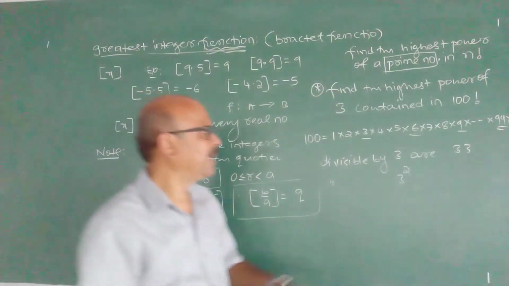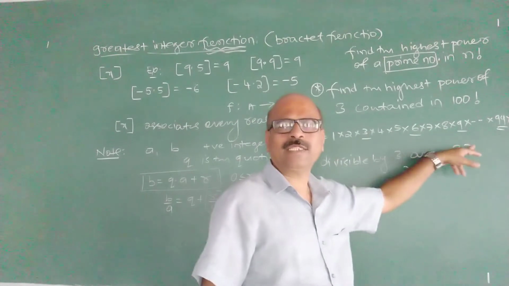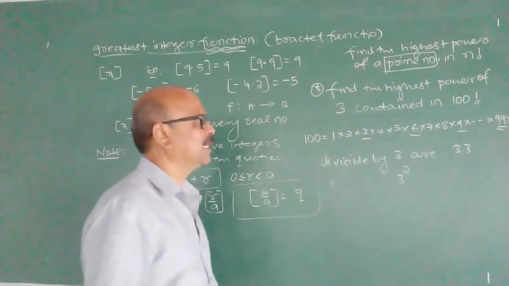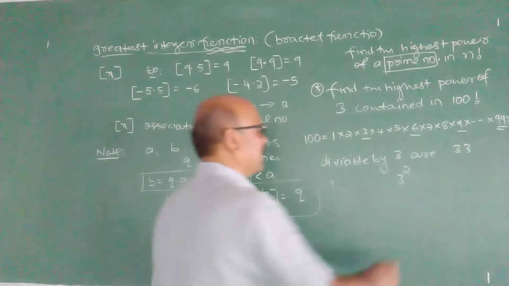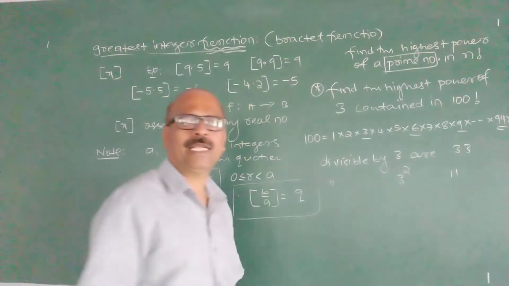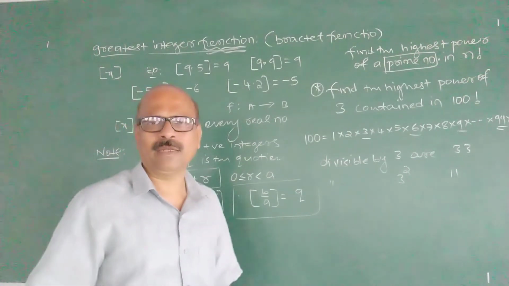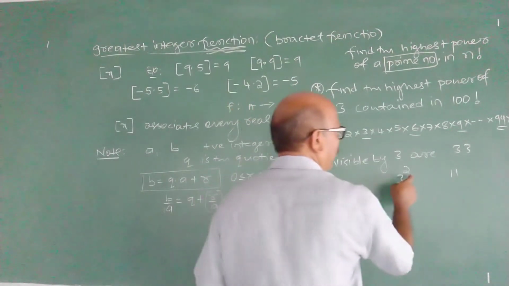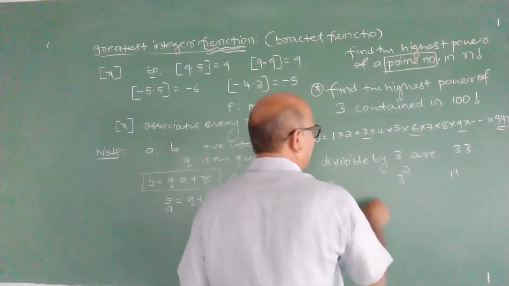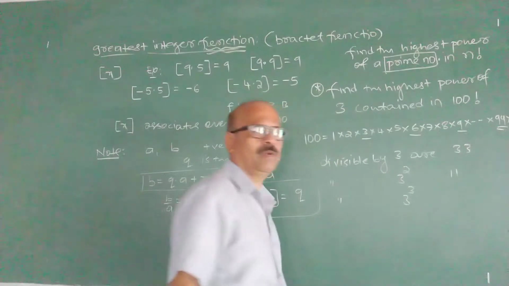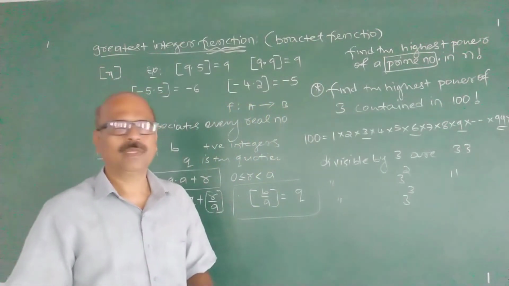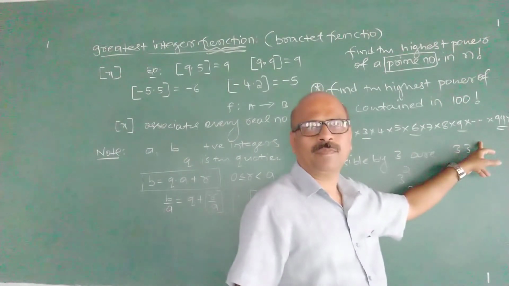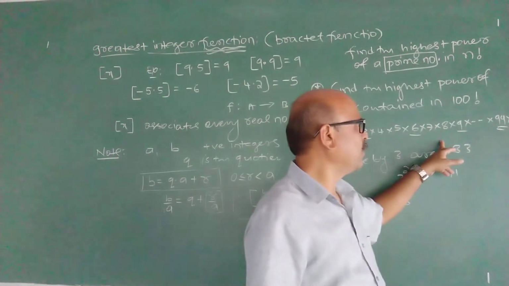Then, out of these factors, those divisible by 3 square, what are they? 9, 18, 27, etc. How many are there? 11 are there, because they are multiples of 9: 9, 18, etc., 99. Divisible by 3 cube, which is 27: 27, 54, 81.